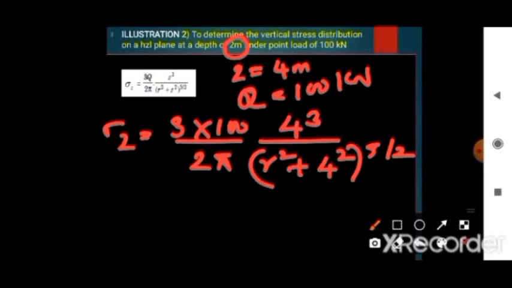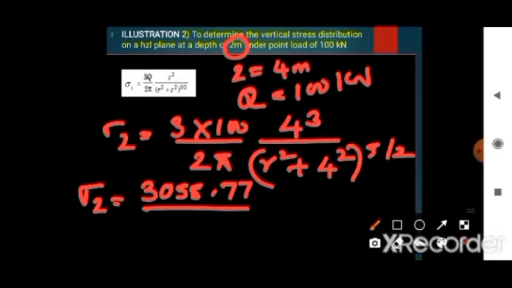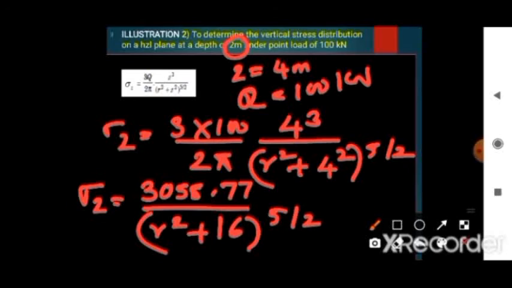Now if we further simplify, the equation becomes sigma z equal to 3055.77 divided by r square plus 16 to the power of 5 by 2 in the denominator.